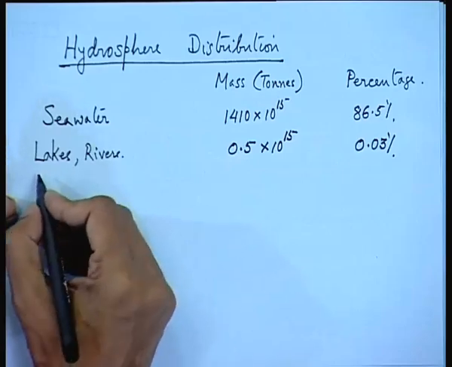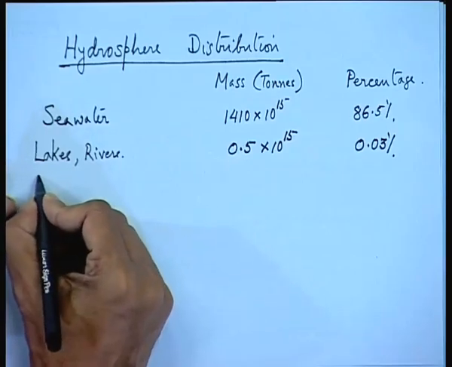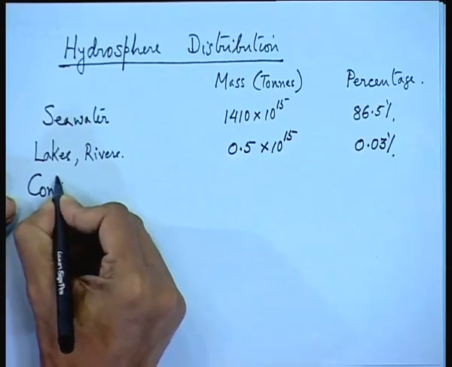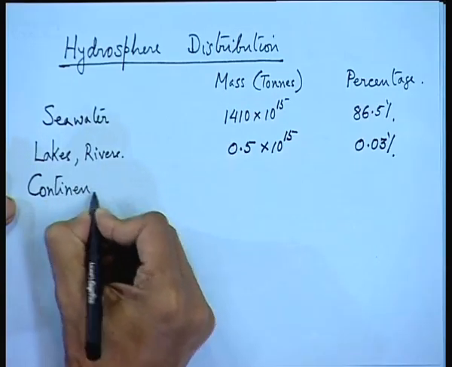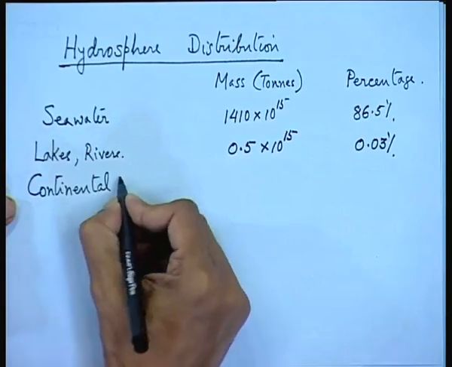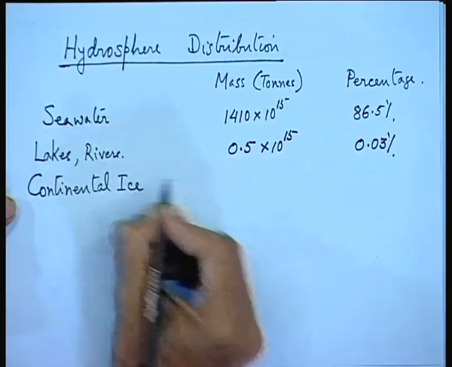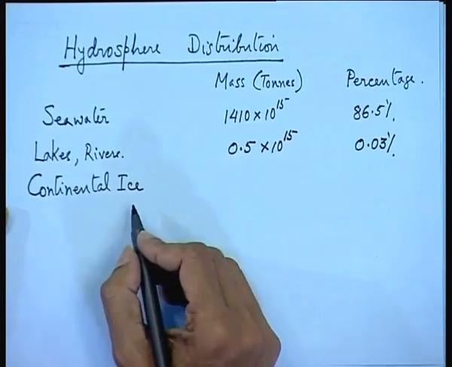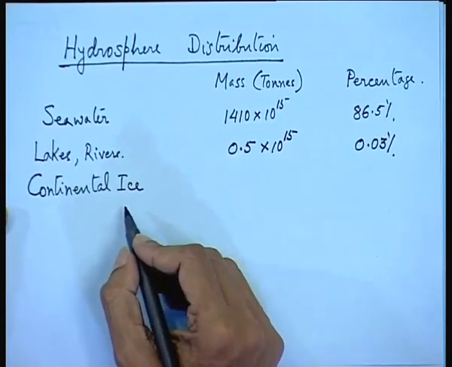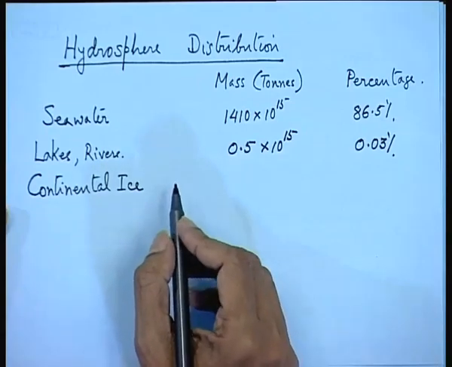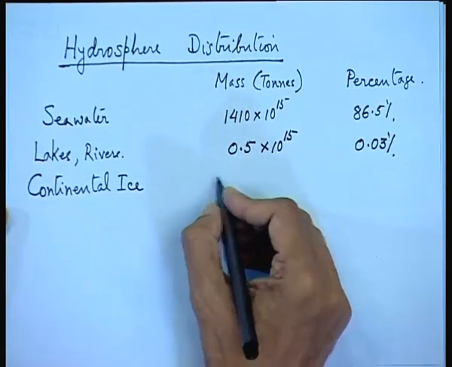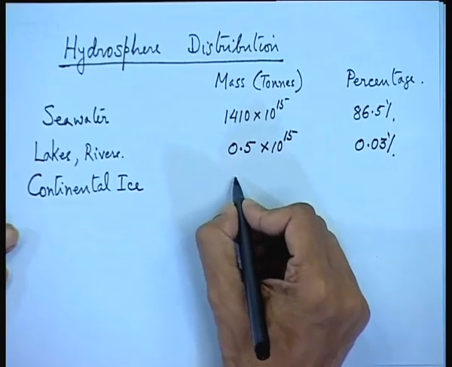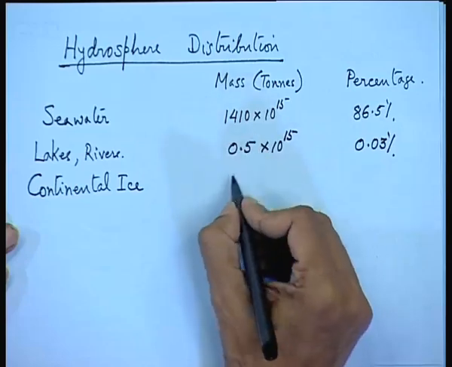Now, next you will be surprised: continental ice. What is this continental ice? It is the ice in the Arctic and Antarctic regions. Those make up a substantial amount of the water mass, next to your seawater.